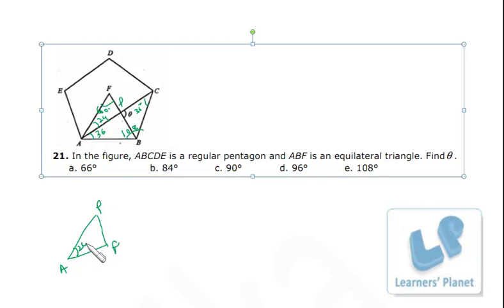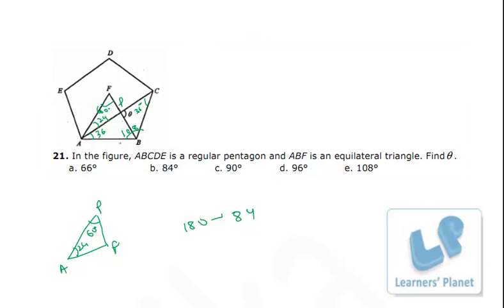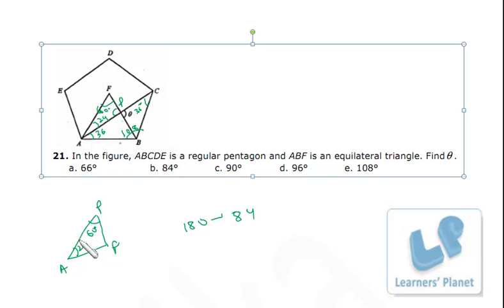This angle is 24, this angle is 60, so the third angle will be 180 minus 84. So it is 96, right? So this angle is 96, and this angle, that is theta, these two are vertically opposite angles. So if it is 96, it has to be 96. Pretty simple.